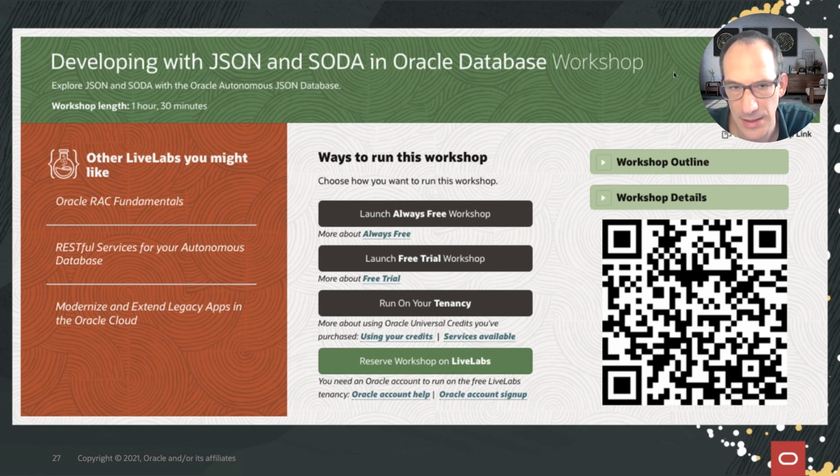It takes about 90 minutes, and it works with products, example items, a product online shop. And this is the URL. Just scan this with your smartphone, and then you get to the URL, and then you launch the always free workshop, and then you can run this example. This explains how to work with JSON and relational data. It goes into a lot more detail.